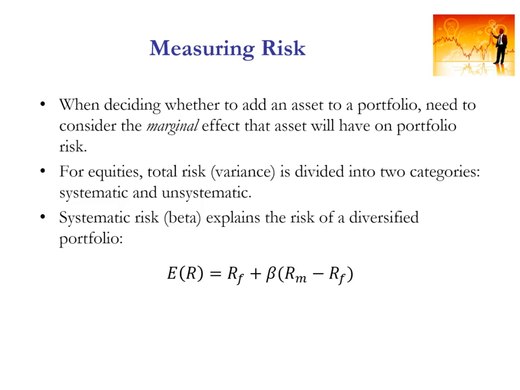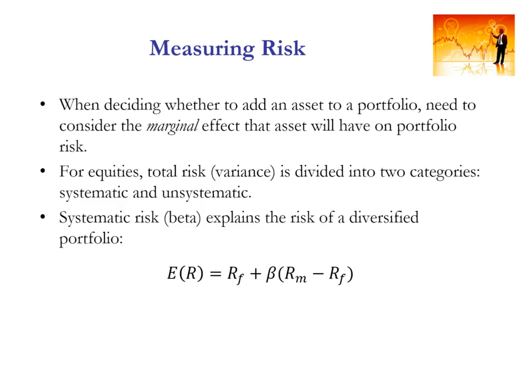If we're looking at adding an asset to an existing portfolio, we're not necessarily so concerned with the risk of that asset itself. We're concerned with the effect that the risk of that asset is going to have on the risk of our existing portfolio. Hence, what we need to consider is the marginal effect that that asset will have on portfolio risk.